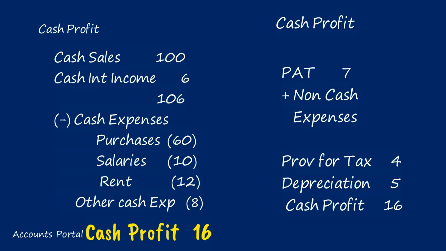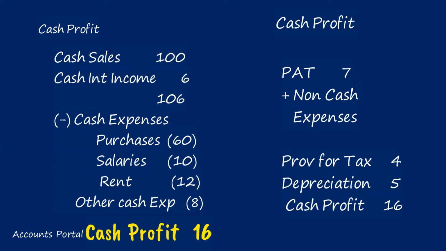Now if I ask you what is cash profit from operating activity, will your answer remain still 16 lakhs? The answer is no, because in all this cash profit calculation or accounting profit, there is one item which is a cash item, but which is non-operating, which does not relate to your business, and that is your interest income.